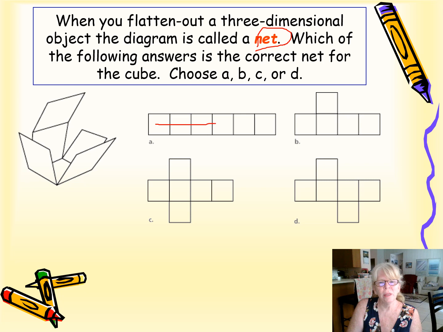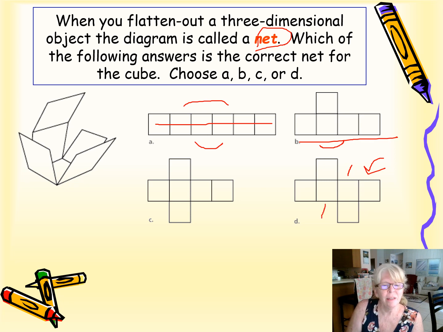If I folded this up, I'm going to have open sides. If I folded this up, I'm going to have one open side. If I folded this up, I'm going to have an open side here and an open side here. This one, if I folded it up, these two will close up a side, and these two will close up a side, and this will close up the top. So C is your net.